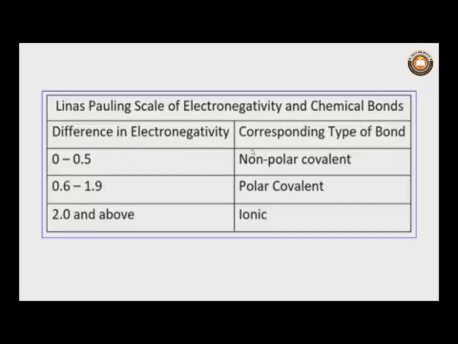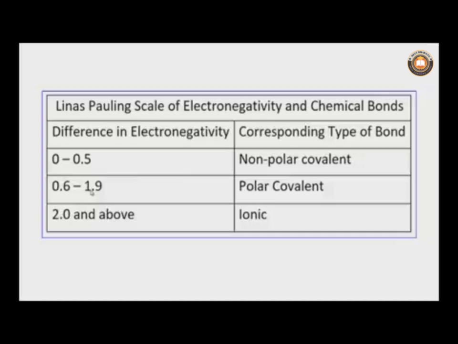If we consider that a bond is forming between A and B, and A has a particular electronegativity from the scale, and we consider the corresponding difference, now the difference will tell us the nature of the bond.